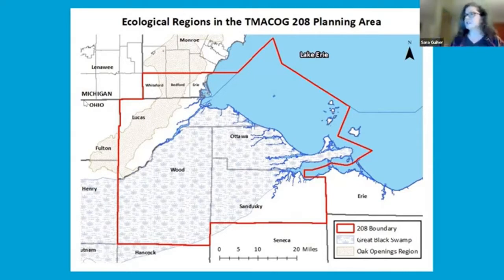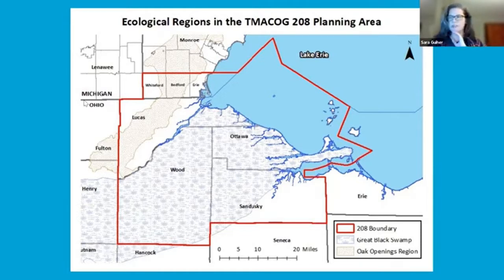So I used a map from TMCOG, the Toledo Metropolitan Area Council of Governments, where I'm a water quality planner. We look at the oak openings and the Great Black Swamp, at least their historic extents, when we are creating our 208 plan, which is our area-wide water quality management plan. So I used a map that already existed, but I thought I would give some context, some location.